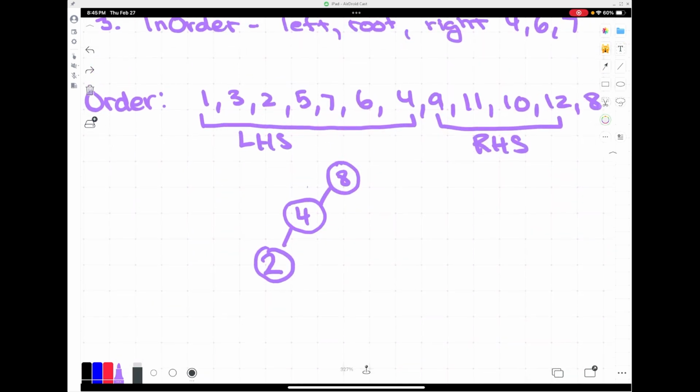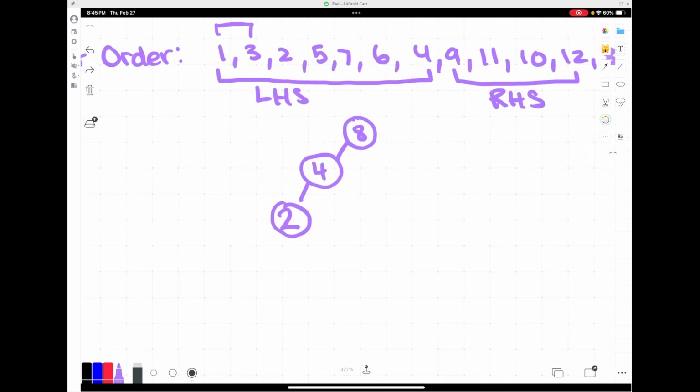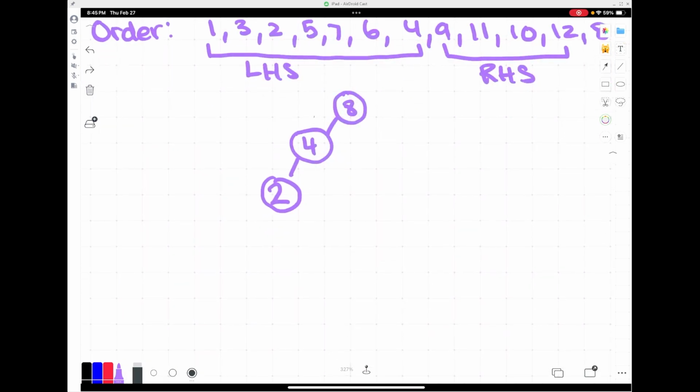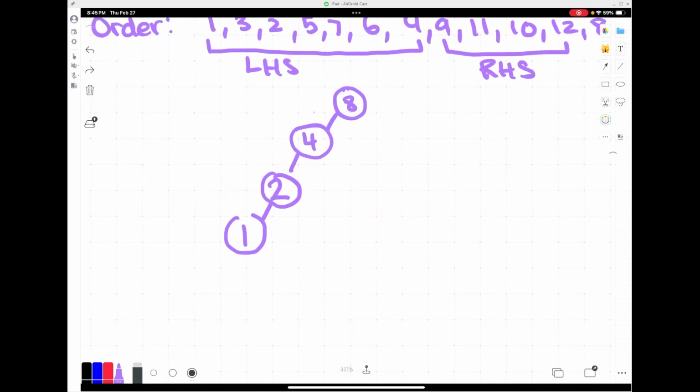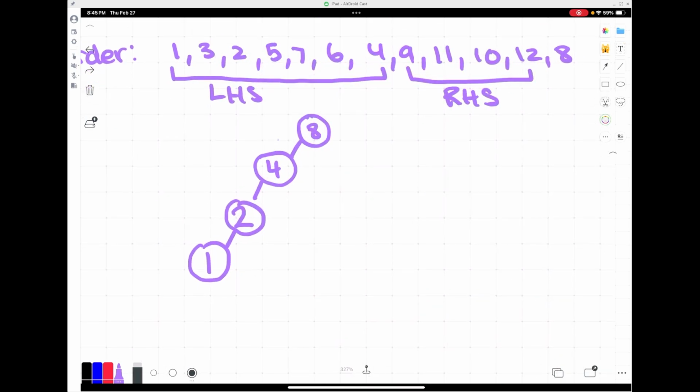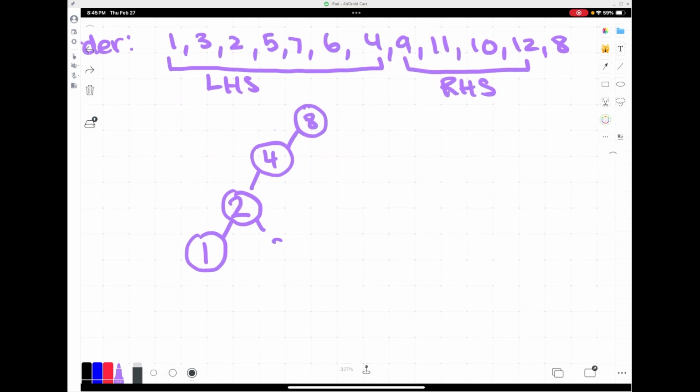And then what is less than 2 in here? Only 1 is less than 2, so we just put 1 here. So now we have that 3 earlier, and we could put it right here.